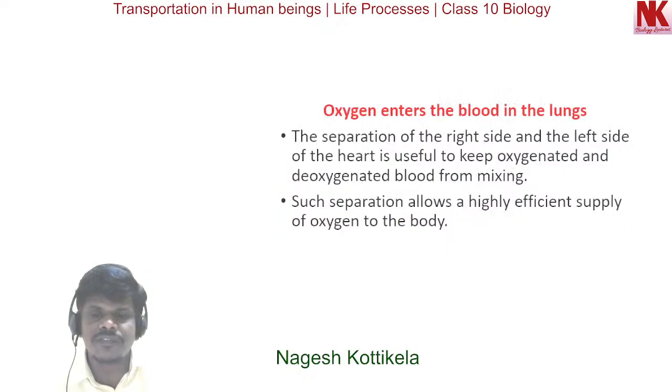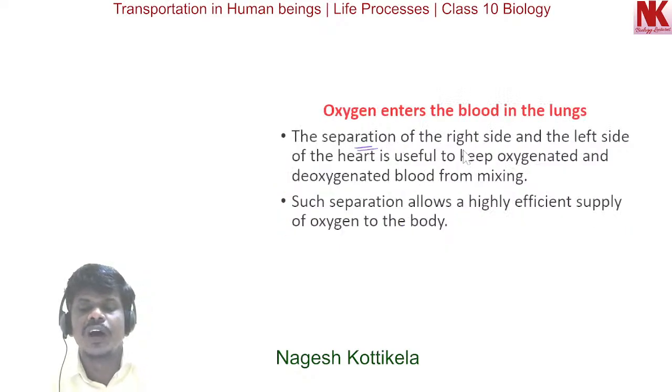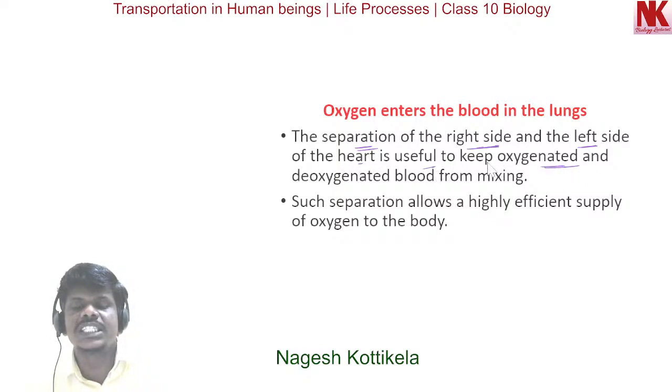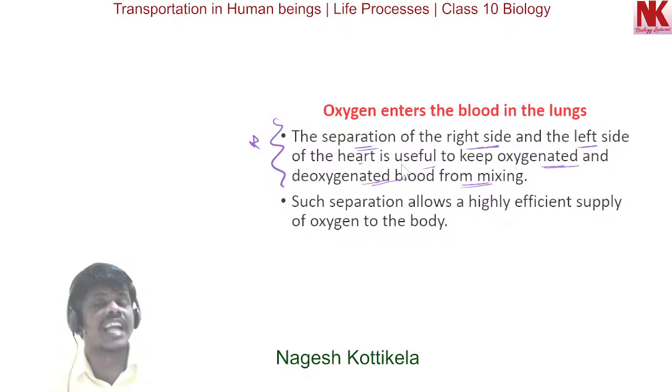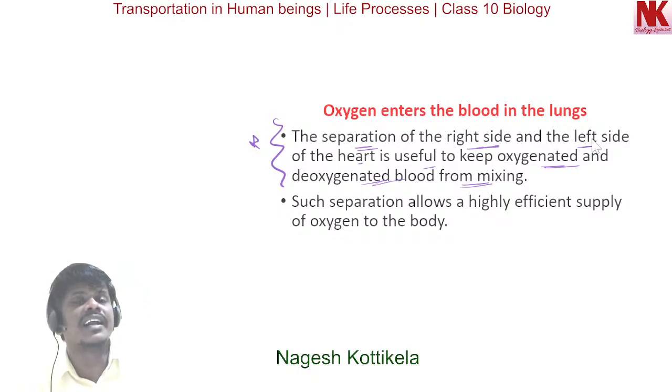Now after this, the separation of the right side and the left side of the heart is useful to keep oxygenated and deoxygenated blood from mixing. This is very, very important. There is the right atrium, right ventricle, left atrium, left ventricle.